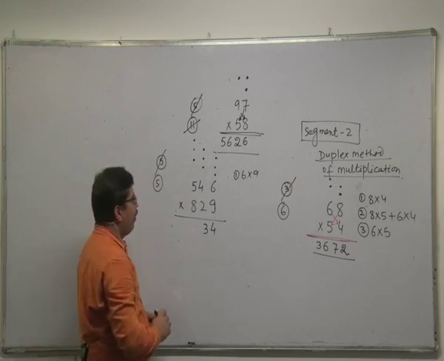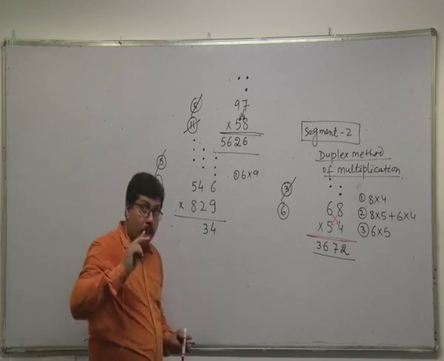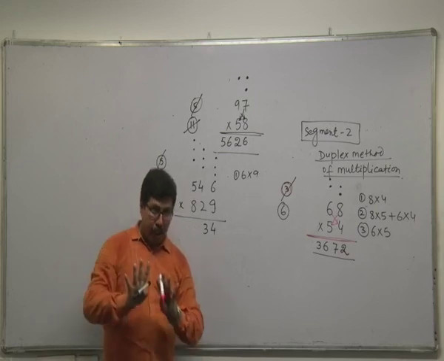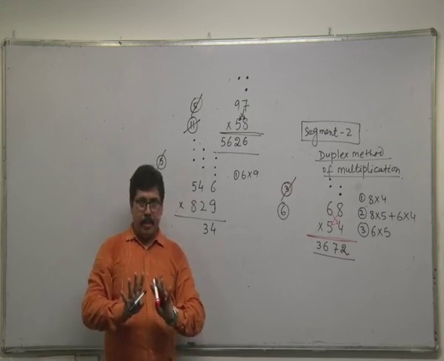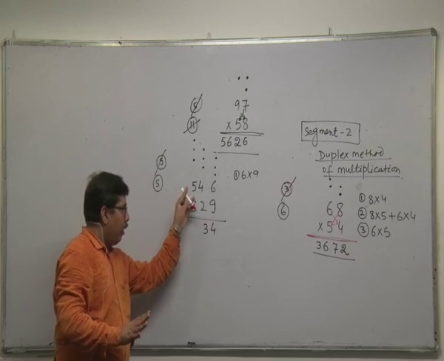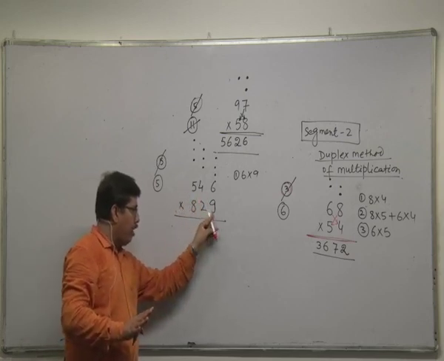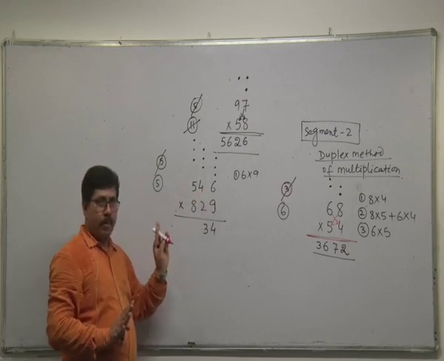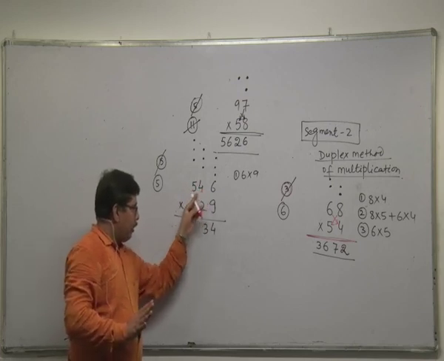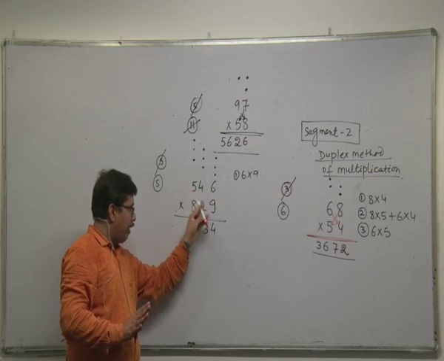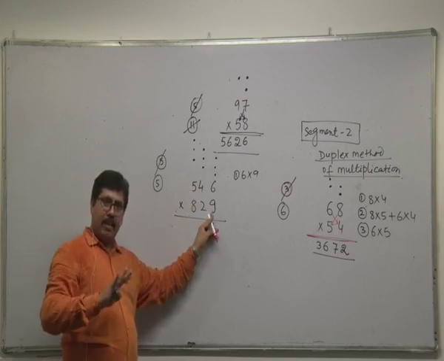Next one, 3 at a time. So whenever you consider 3 digit, this is the new step. Please listen carefully. 6, 8, 5, 9, 4, 2. 6, 8, 5, 9. Cross multiplication and addition.